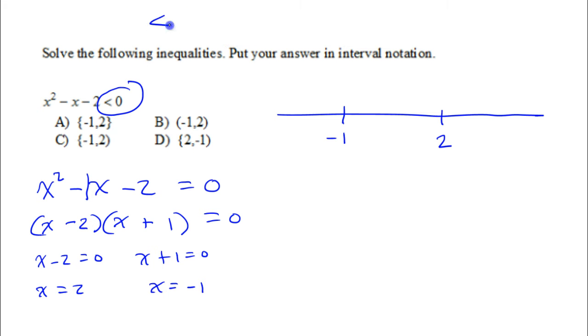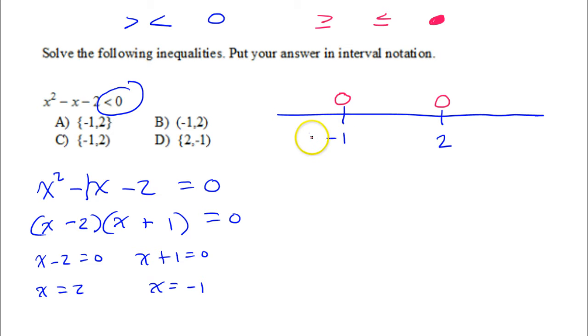If I just have less than or greater than, that's when I use an open circle, as opposed to if I had greater than or equal to, or less than or equal to, that's when I use a closed circle. So I'm going to definitely do open circles right here.